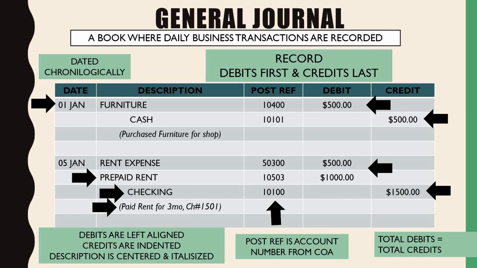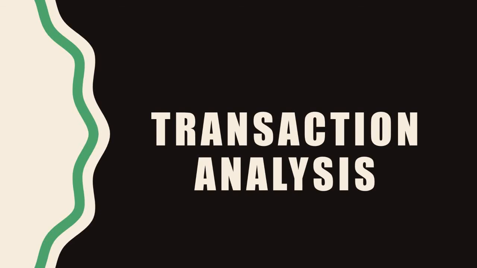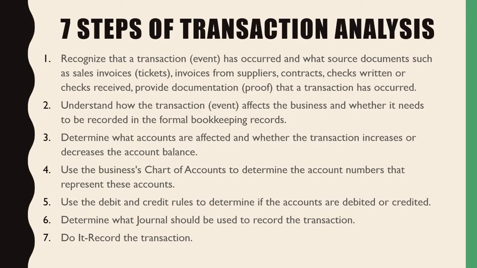That's the goal. Okay? Again, that's all I need you to take away, right? Transaction analysis, right? In this case, I'm already giving you the scenario, so you know that every scenario that I give you, you will journalize.